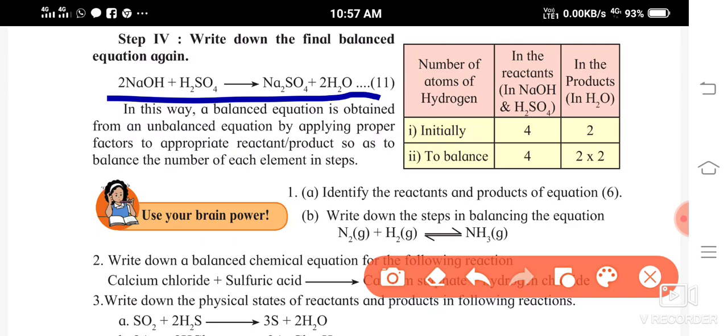So in this way each and every step you are going to follow and balance the equation which is not balanced. So this is the proper way to balance the equation.